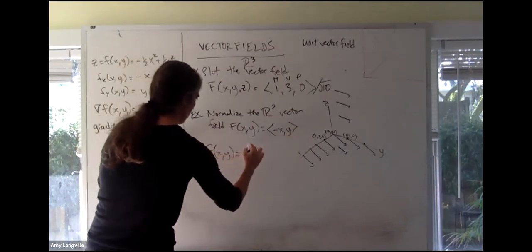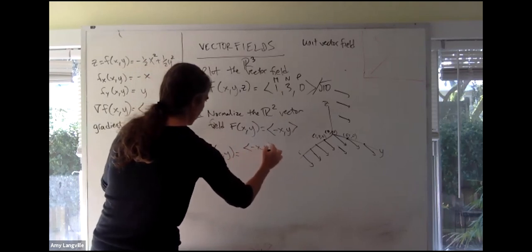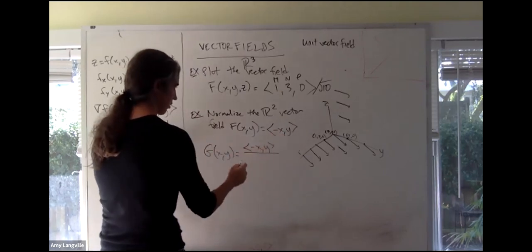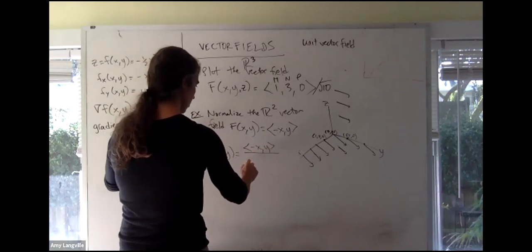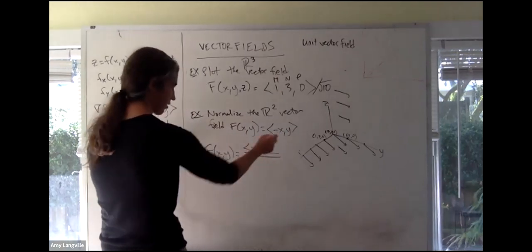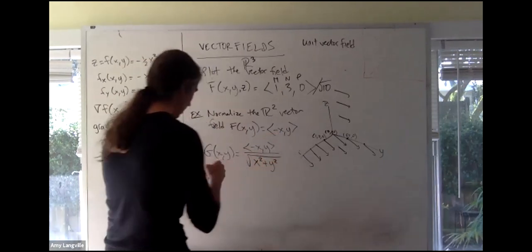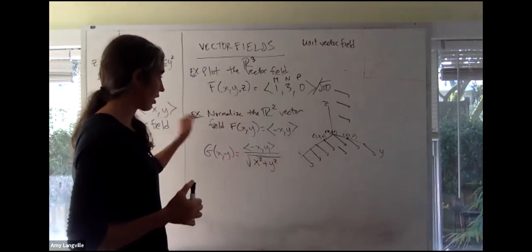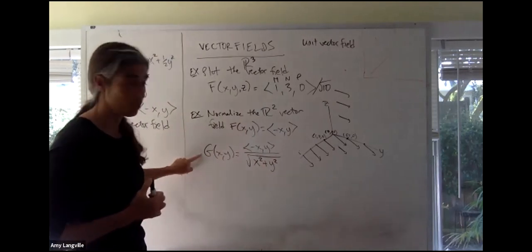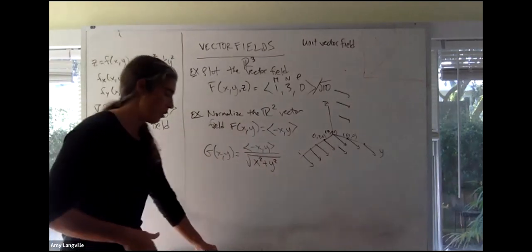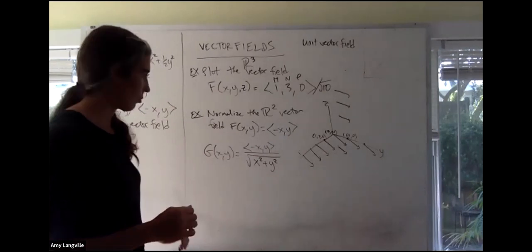This is the same one, minus x, y, divided by the length of any one of these vectors, which is the sum of the components squared, the square root of that, so it would be the square root of x squared plus y squared. By doing that, again, you've taken one that was not a unit vector field and you've turned it into a unit vector field just by normalizing, by taking the length of a vector as you normally would.